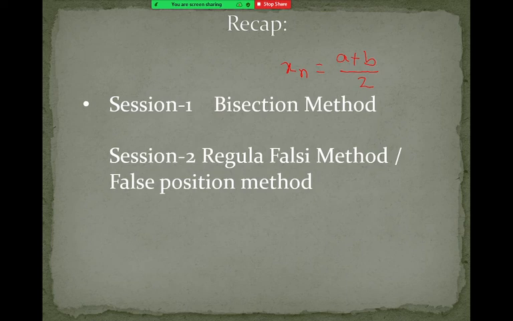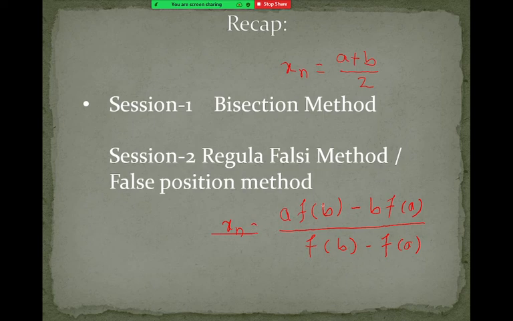Now the formula for regula falsi. Correct, f of b minus f of a in the denominator. So it is x_n, the nth iteration, so it may be the first, second, third, any one.